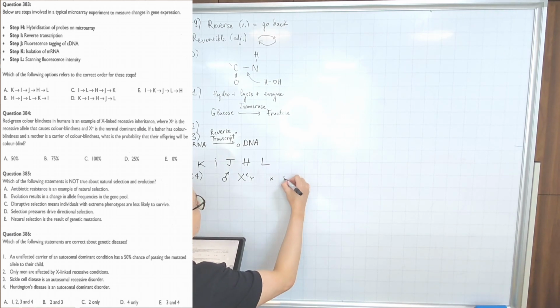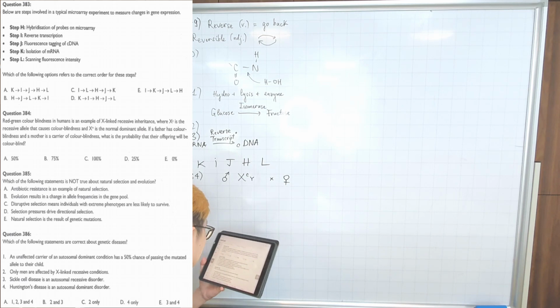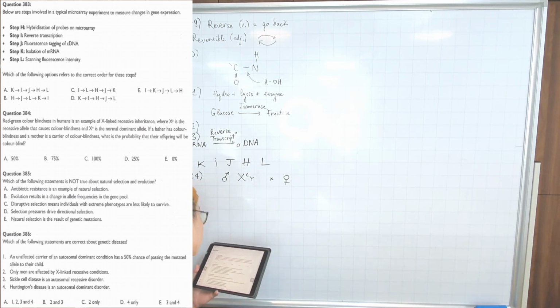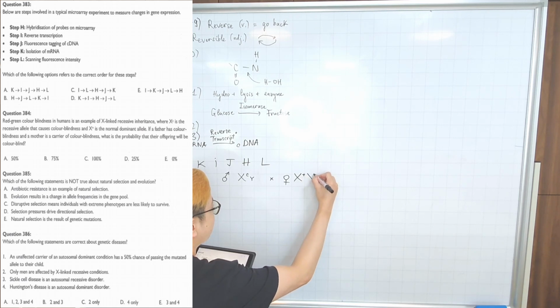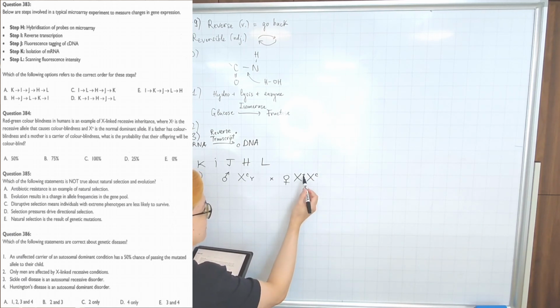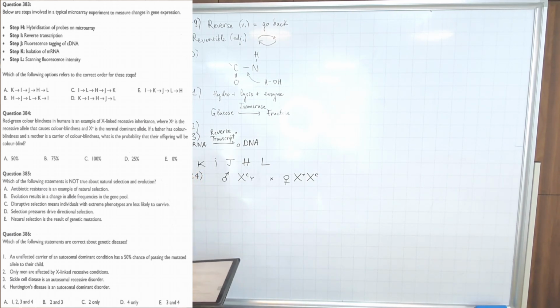And then the mother is a carrier. Biết chắc là carrier rồi, so she is X plus Xc, right? What is the probability that their offspring will be colorblind? They said offspring, not boy or girl. Chúng chỉ nói là con thôi chứ không nói là con trai con gái.